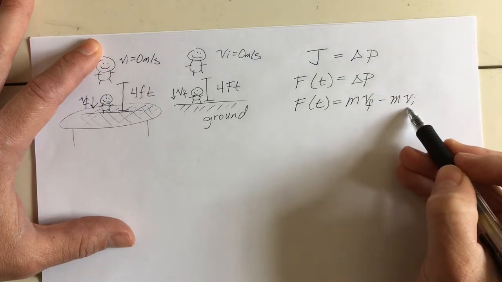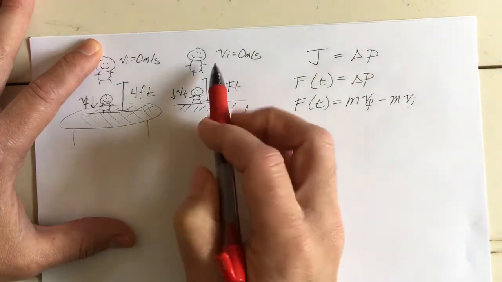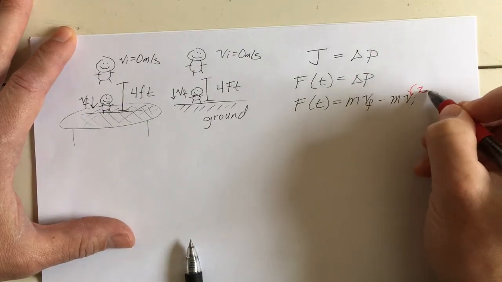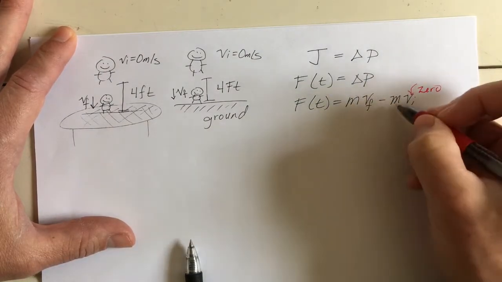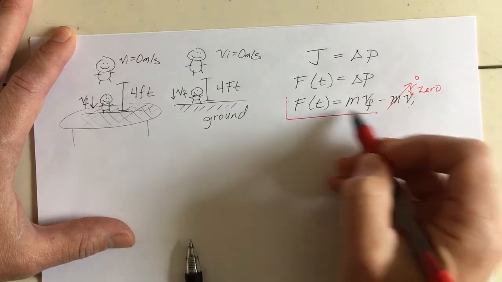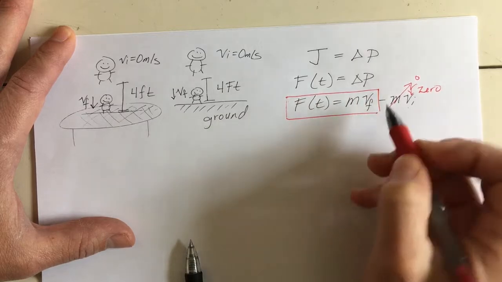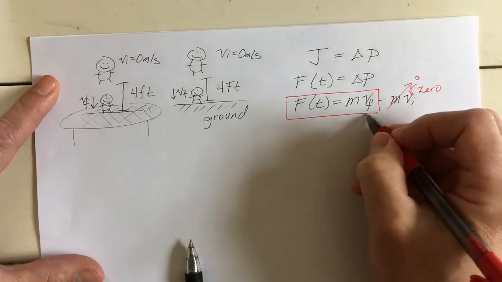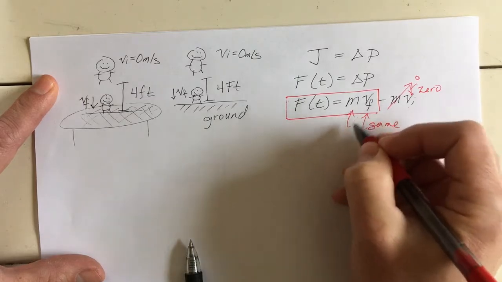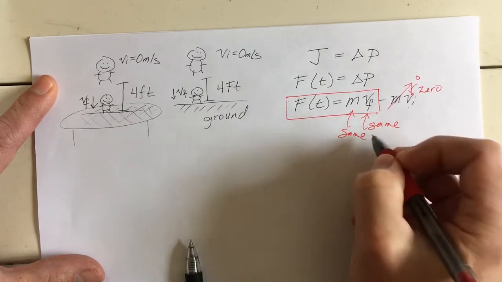We know the initial velocity is 0 because we said that right at the top. So I can get rid of this because this is 0. And 0 times the mass is just going to be 0. So I'm left with this formula right here for both cases. And in both examples, this is going to be the same. And the mass is going to be the same because it's the same person.